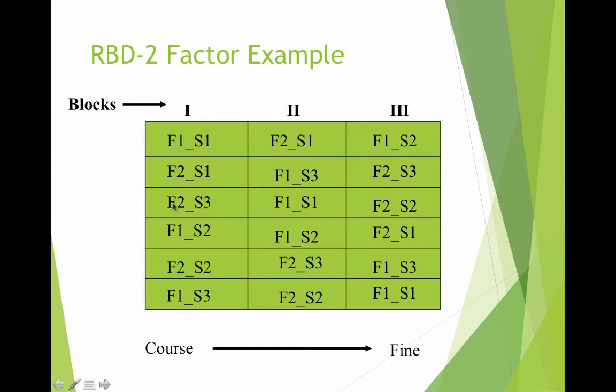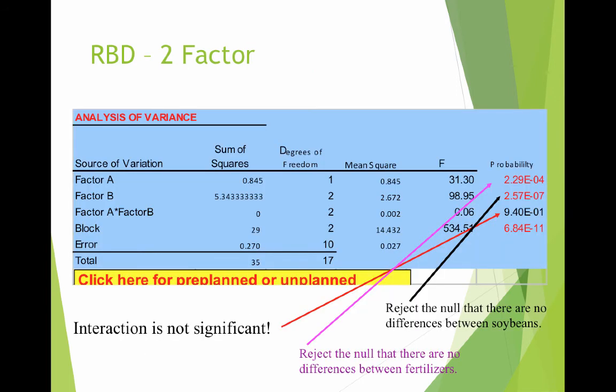Then we have fertilizer 2 and fertilizer 1 being tested within the context of soybean variety 3 and 2, and the complements are down here on the bottom. If you look within each factor, you will see that each treatment combination shows up once within each block. Very similar to what we learned about in the single factor analysis.